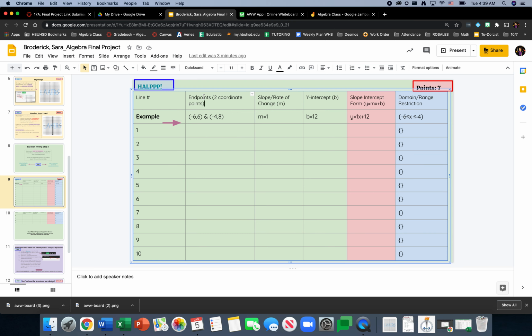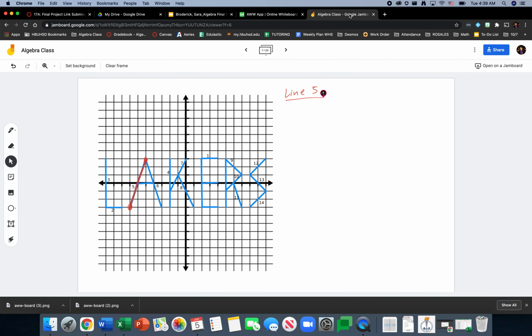So for line 5, the end points are, let's see, this is 1, 2, 3, 4, 5, 6, 7, -7, -3, and -5, 3.